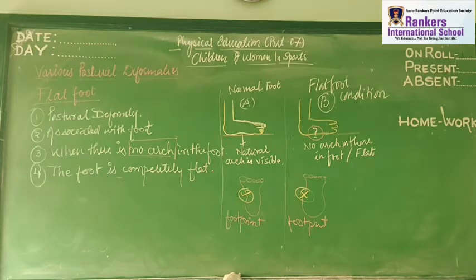In this asana, the person slowly raises the heels while standing, balancing over the toes while the hands are raised up. The flat foot person gives pressure over the foot by toes as the heels are raised.